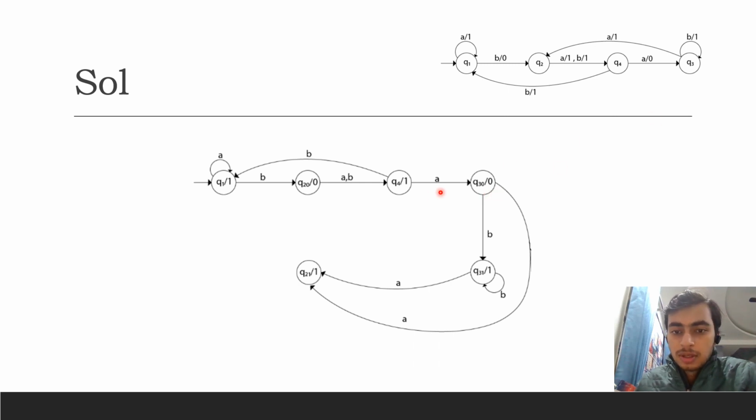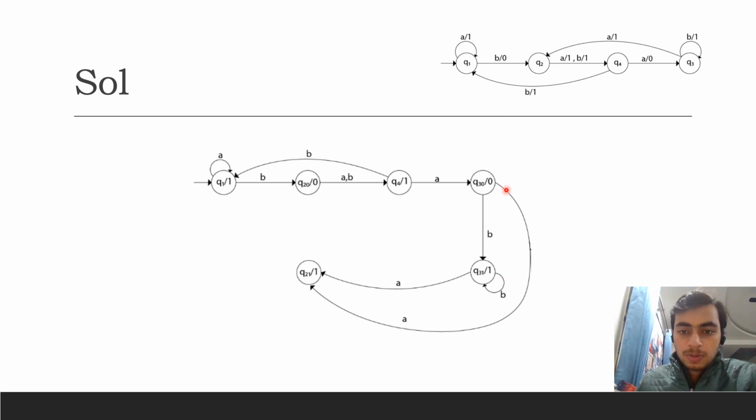So let's see. Now when we take B as input string for Q3, the output is 1. But we have earlier written here that the output for Q3 state is 0. But here the output for Q3 state is also 1.